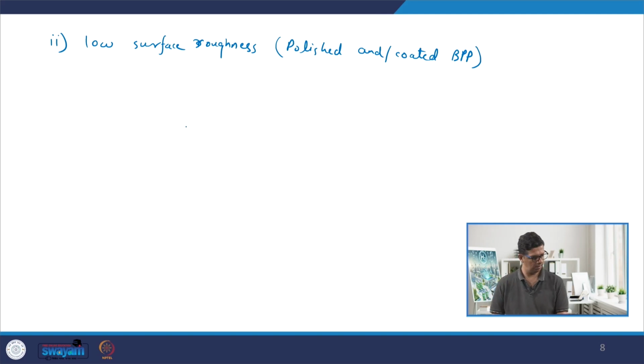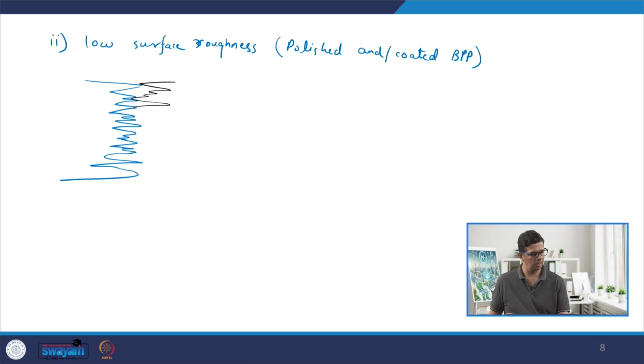So, let me draw that figure one more time. Now, the bipolar plate is also coated, so it will not have many surface roughnesses. So, it is fairly smooth, and this is the GDL with MPL. So, this is GDL plus MPL.